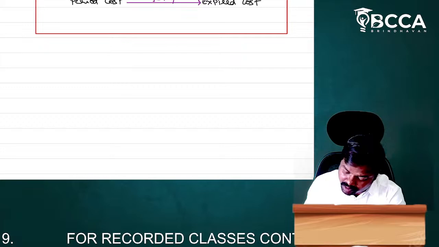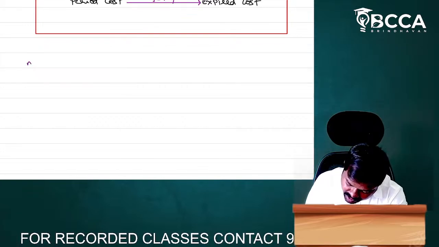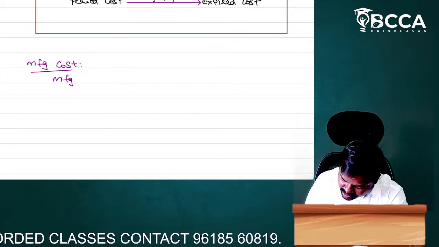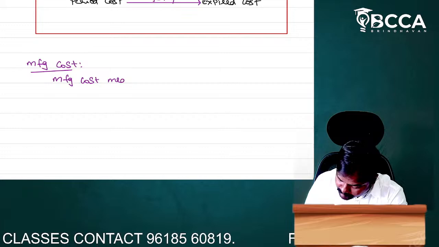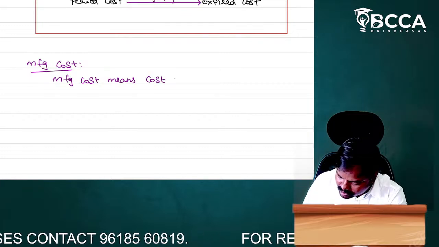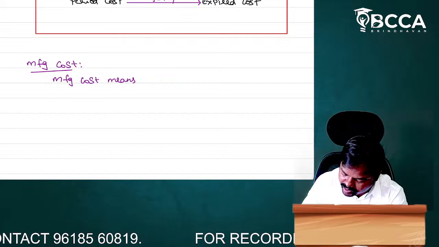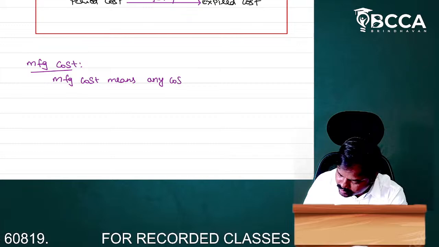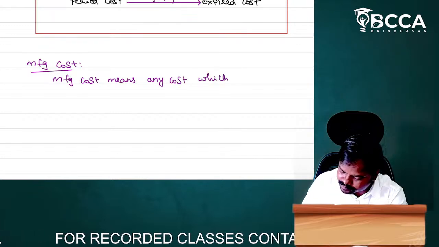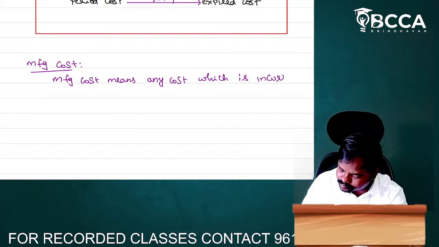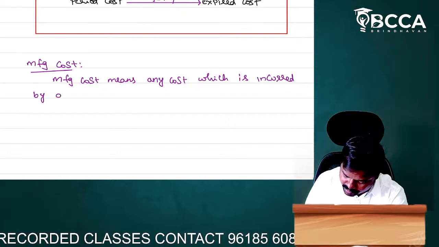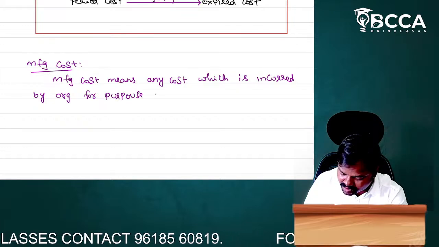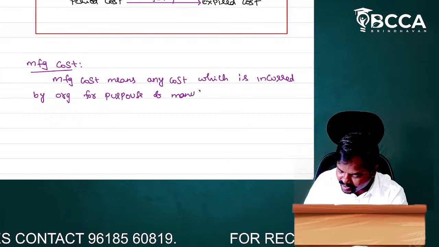Manufacturing cost means any cost which is incurred by an organization for the purpose of manufacturing.